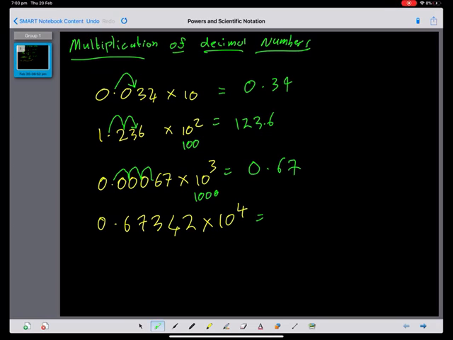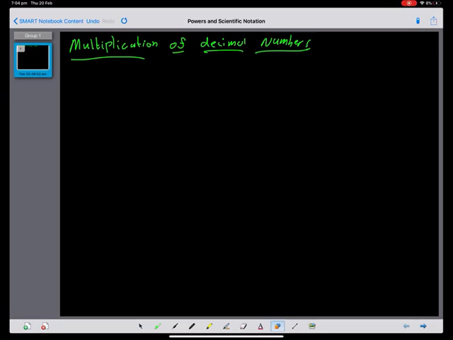Okay, we've got 10 to the 4, which is 10,000, and that moves 4 spaces, 1, 2, 3, 4, to get 6734.2. Okay, so that should be solid. You should be able to multiply decimal numbers by powers of 10. Now let's try division of decimal numbers by powers of 10.